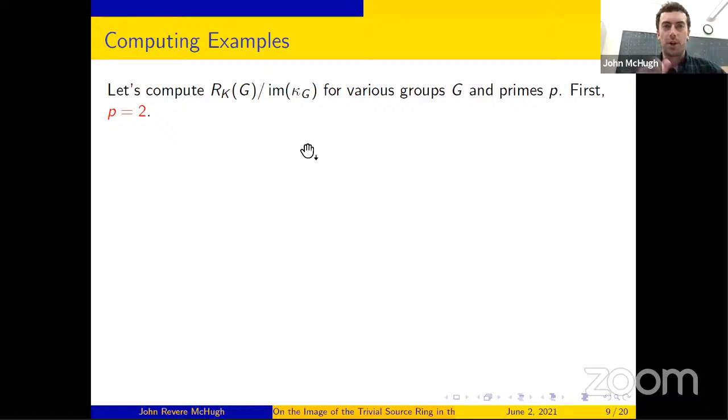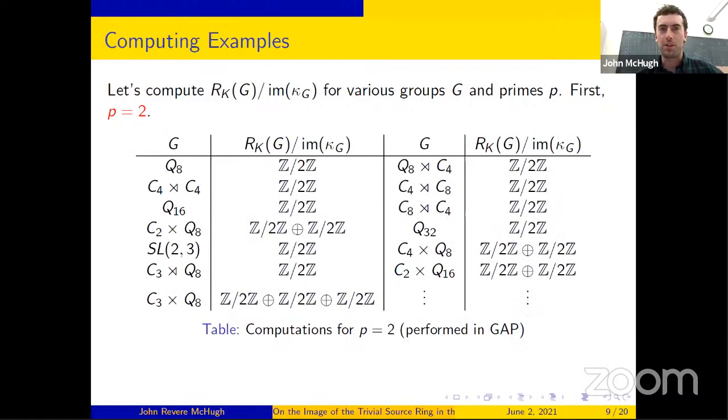Because everything is phrased in terms of characters, it's easy to just perform computations on a computer using GAP, for instance. So if we set P equal to 2, I created a GAP program that computes this co-kernel for all small groups. And GAP produced the following table. Of course, there are groups omitted here.